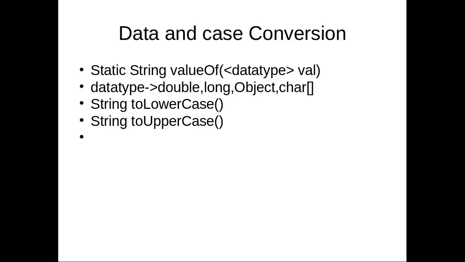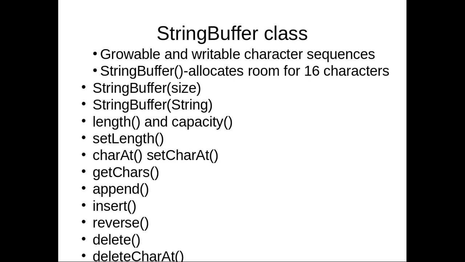And likewise, any string can be converted to either double, long, object, or you can have a character array. Then case comparison. Suppose a string is given, and if you want to convert that to uppercase, you can use toUpperCase, and if you want to convert that to lowercase, you can use toLowerCase.